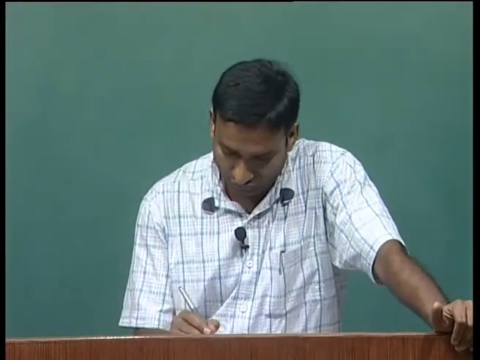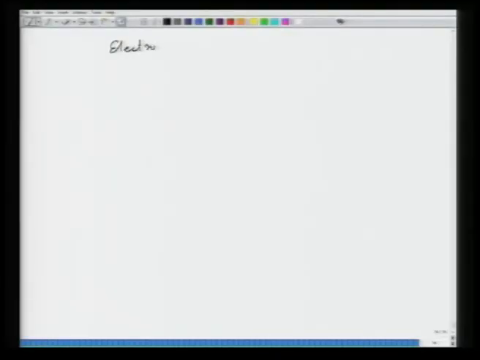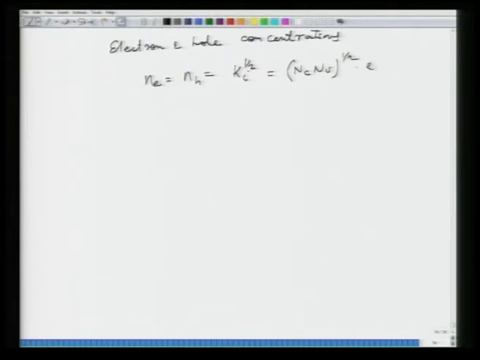Now, how do you calculate the electron and hole concentration? Just use the formalism that we have used earlier. We know that Ne is equal to Nh is equal to Ki to the power half, which is equal to Nc Nv to the power half into exponential minus Eg by 2kT, right.